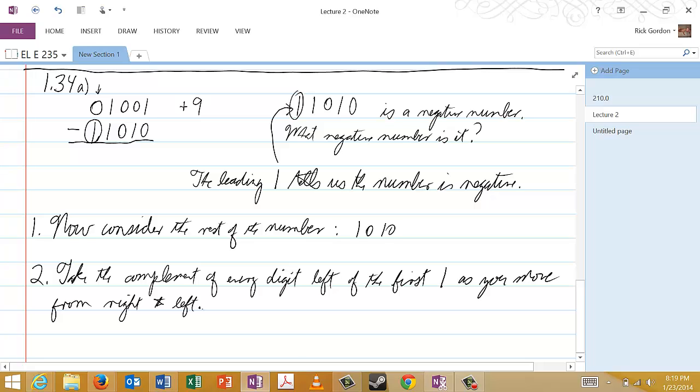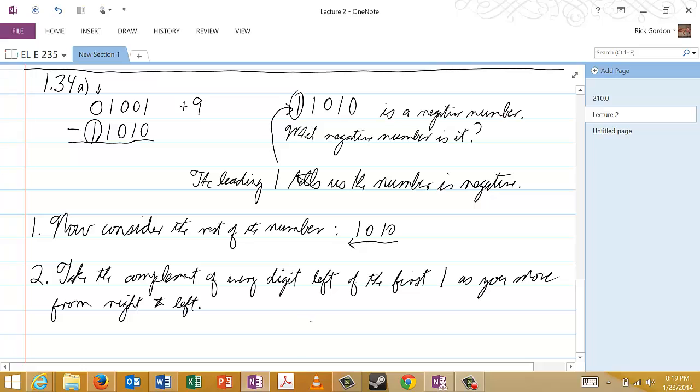Okay, so let's think about this. We're going to move from right to left on this number here, 1 0 1 0. Now the first number we encounter as we go over to the extreme rightmost edge is this 0. And since that's a 0, we don't do anything at all.